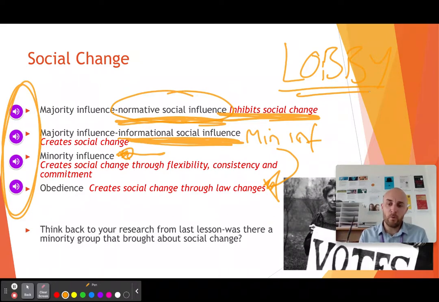So if the laws change through the lobbying of government, society will change with it. If vegans get the law changed and they stop getting discriminated against, people will stop discriminating against vegans.